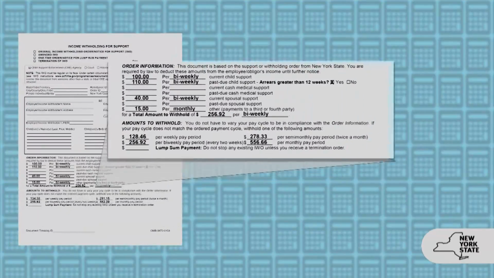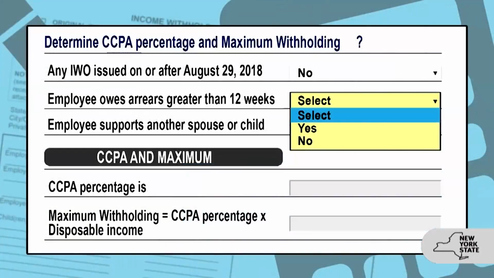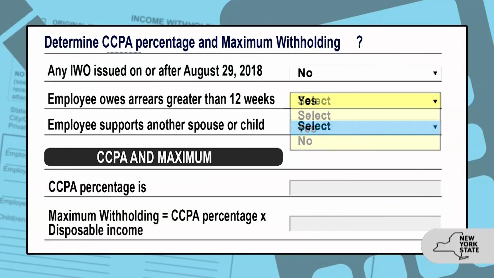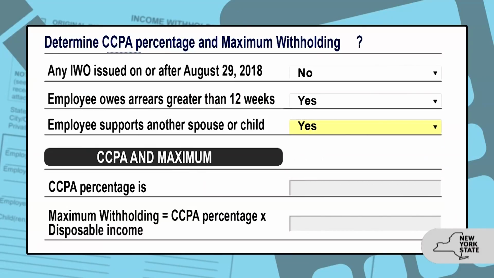As we noted in our first scenario, the information at the bottom of page 1 of the IWO indicates that the employee owes arrears greater than 12 weeks. So select Yes as the answer to this question. Does the employee support another spouse or child? Yes. As noted in our first scenario, if the date of any IWO is on or after August 29, 2018, this question does not apply.